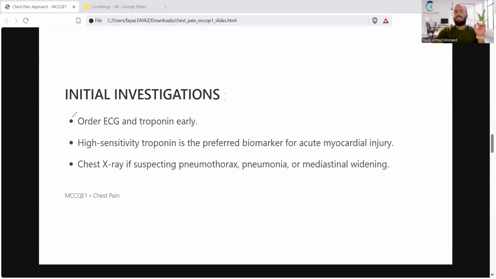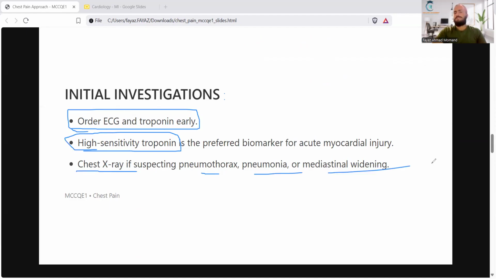Investigations-wise, the ECG and troponin are to be done early. High sensitivity troponin, which we normally do here in Canada, is the preferred biomarker. You can also do a chest X-ray if you think of pneumothorax, pneumonia, or mediastinal widening, which would be seen in aortic dissection.